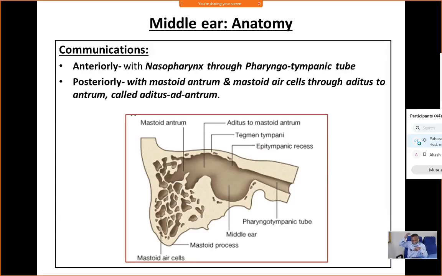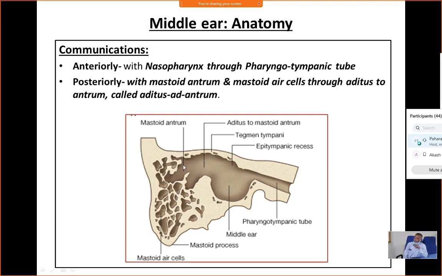Now the communications of the middle ear. Anteriorly, in the diagram, suppose this is the middle ear; through the anterior wall it communicates with the pharyngotympanic tube or eustachian tube, which opens into the nasopharynx.